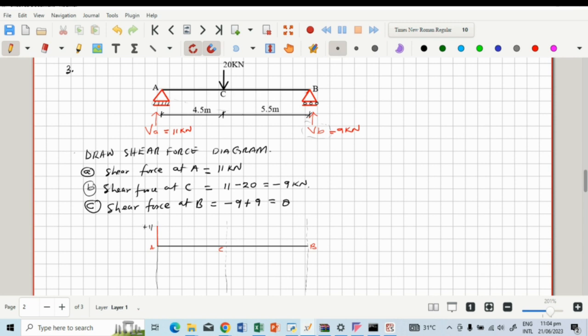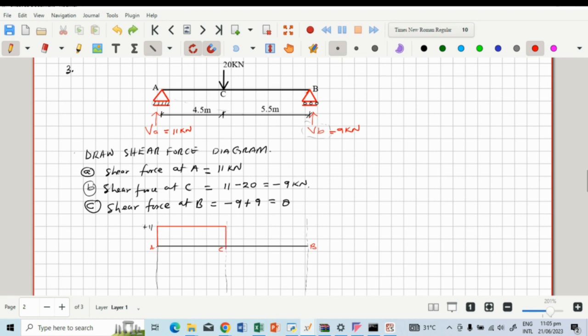And then from the right of the support, we don't have any load till we get to point C where we have the 20 kilonewton. So this shear force will remain constant till we get to C. Now at C we have a 20 kilonewton force and we calculated the shear force to be minus 9. So we would have to go down below this line because this line is at 0.